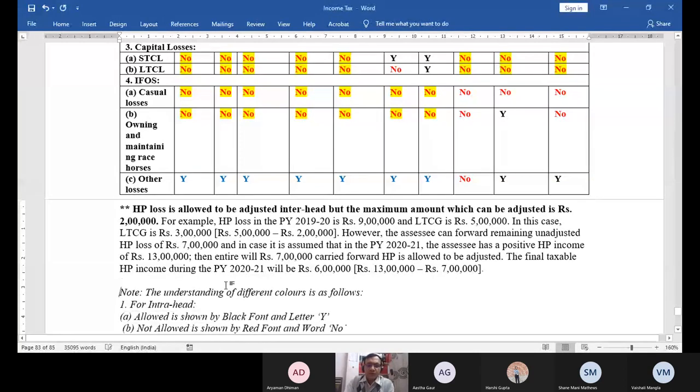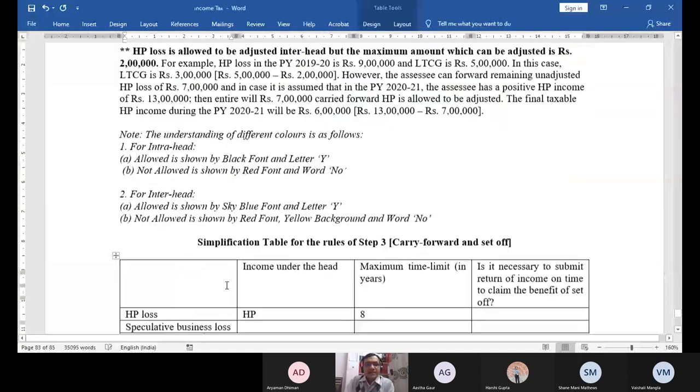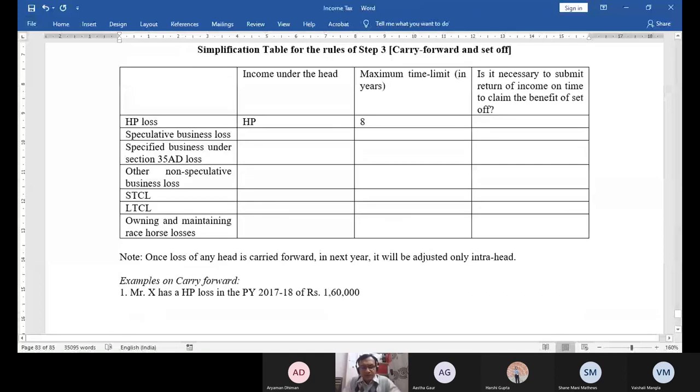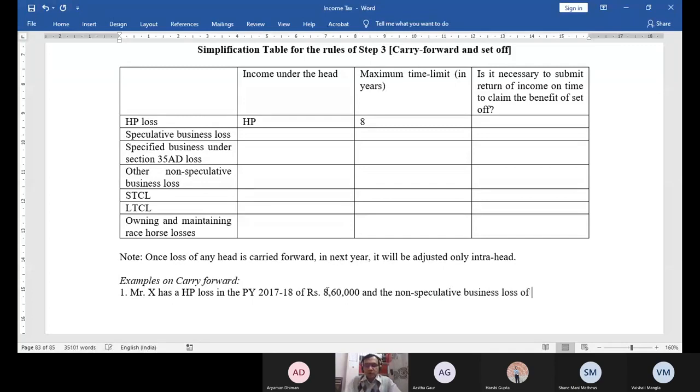Now, coming back to my question. Mr. X has an HP loss in the previous year of 2 lakh 8, and a non-speculative business income of rupees 10 lakh.